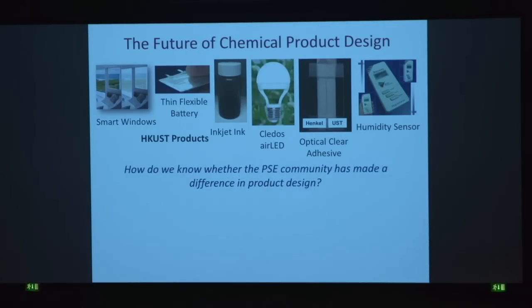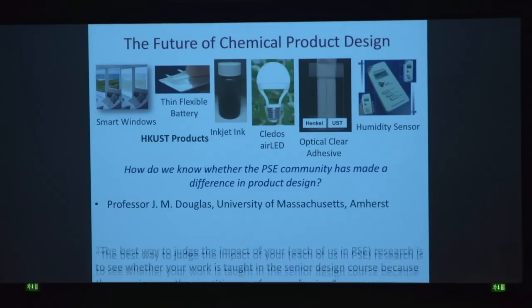Now, then we may have to collectively ask ourselves a question. How do we know whether our community has made a difference in product design? Well, I would like to mention Jim Douglas, my former colleague and mentor at UMass. And that's what he said.